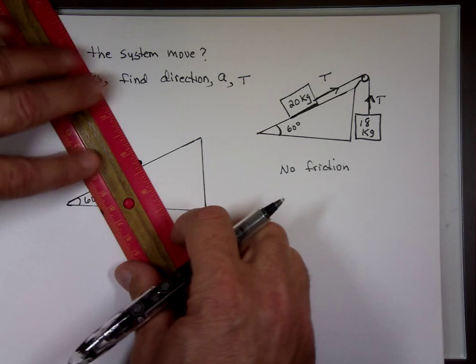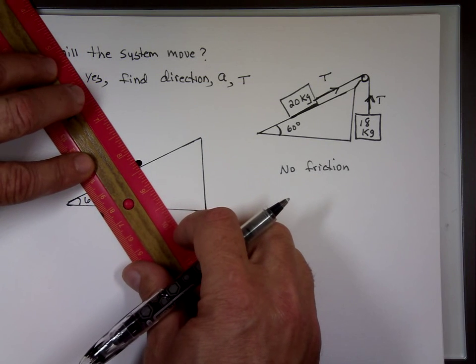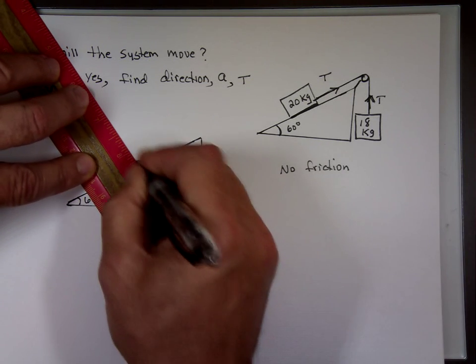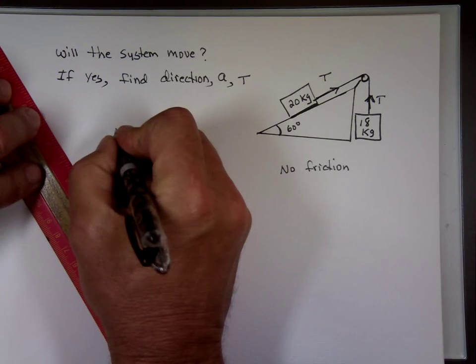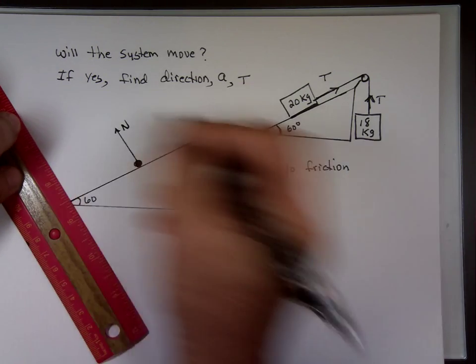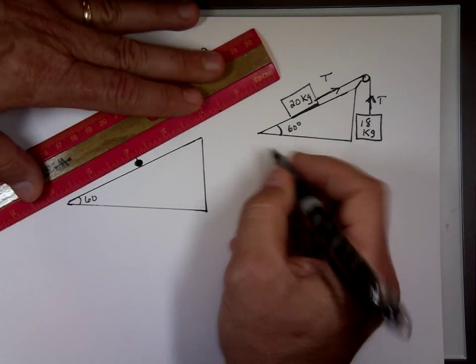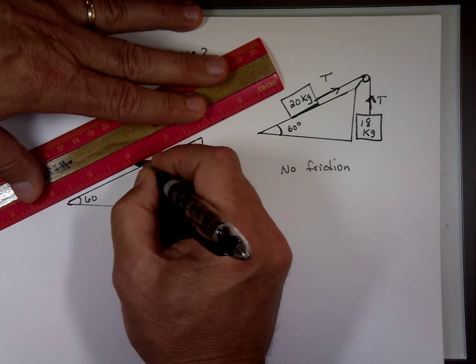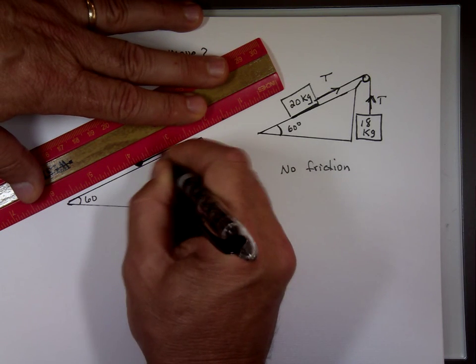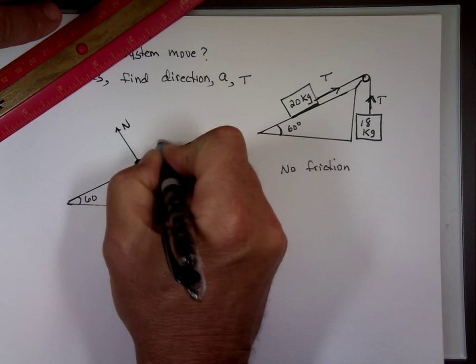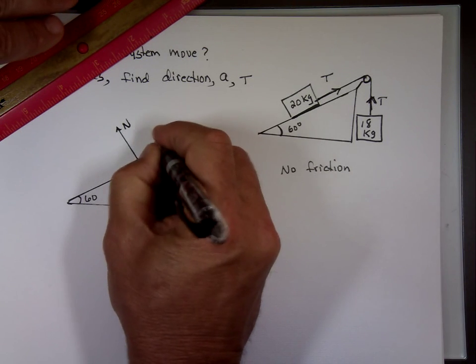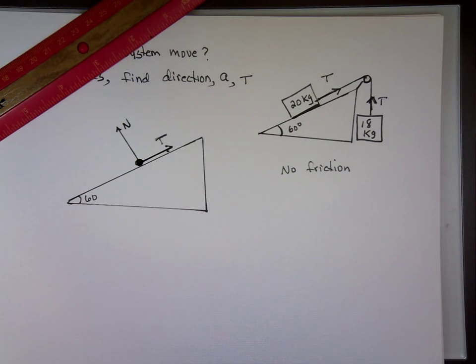It has a normal in this direction, perpendicular to the surface. It has the tension in the cable. And we have the weight.